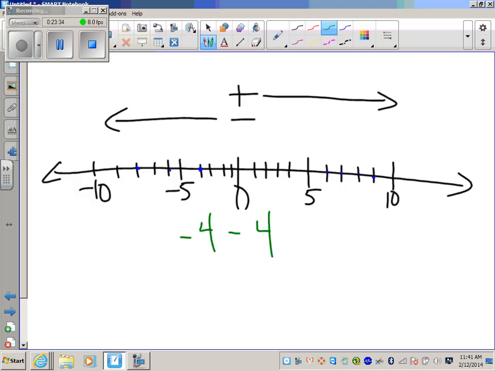I know I'm starting here, I know what direction I'm going, I know that from a negative 4 I'm going 4 that way, I know it's not going to be 0 just by looking at it. Remember we talked about before? I combined a negative absolute value with another negative absolute value. That's only going to make your sum more negative. Was our sum more negative? Was it further negative? Yeah.